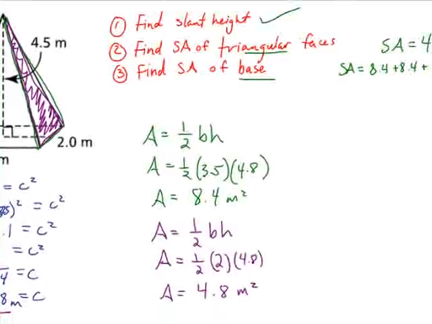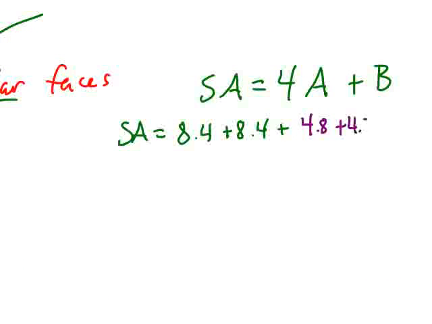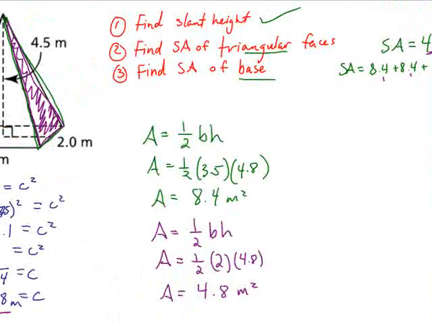Let's punch that into our formula. So now we have four triangular faces, 1, 2, 3, 4, and now we just have to add our base.